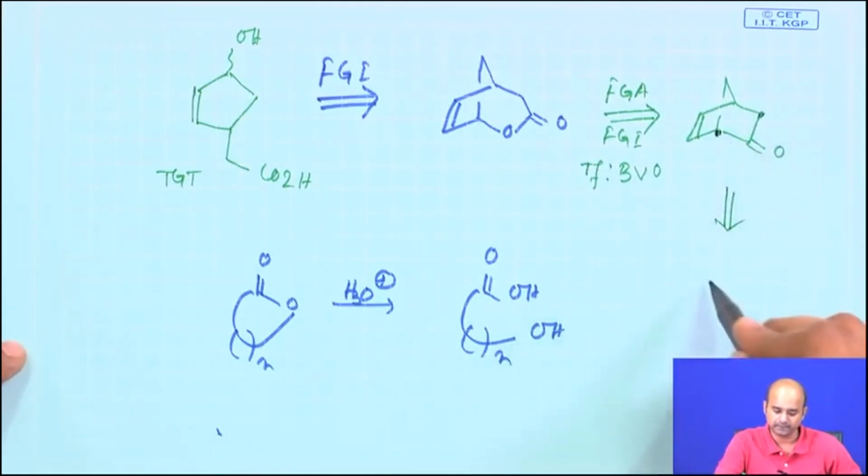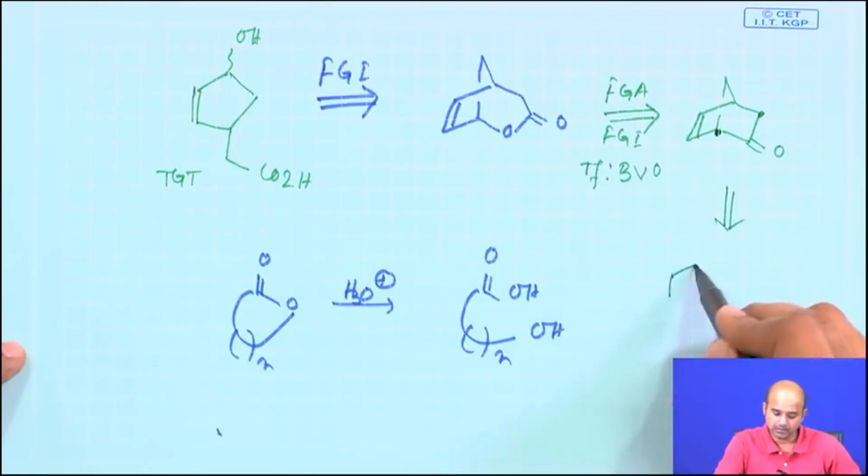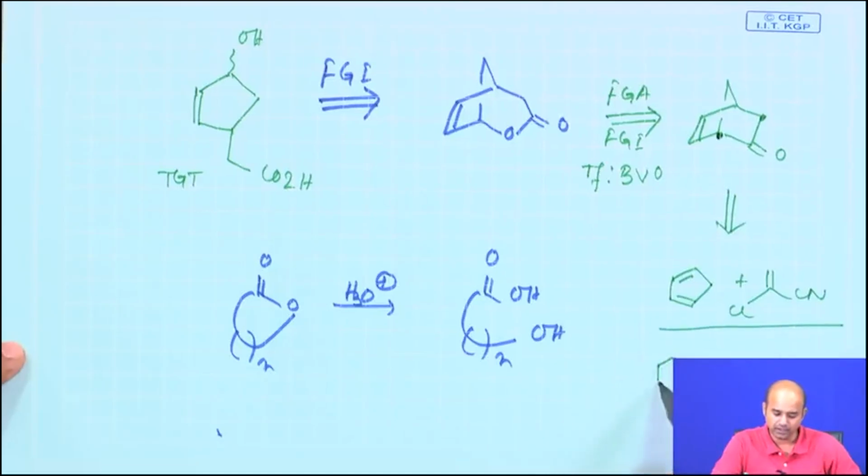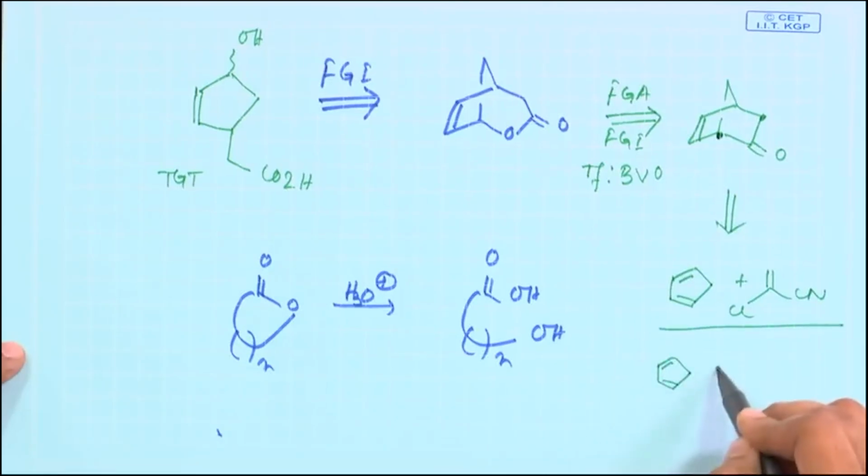So, this will migrate. Now, this compound you can easily prepare by a Diels-Alder cycloaddition, which was explained earlier. You can choose this kind of dienophile, or you can take an altogether different dienophile. This chemistry was already explained to you.